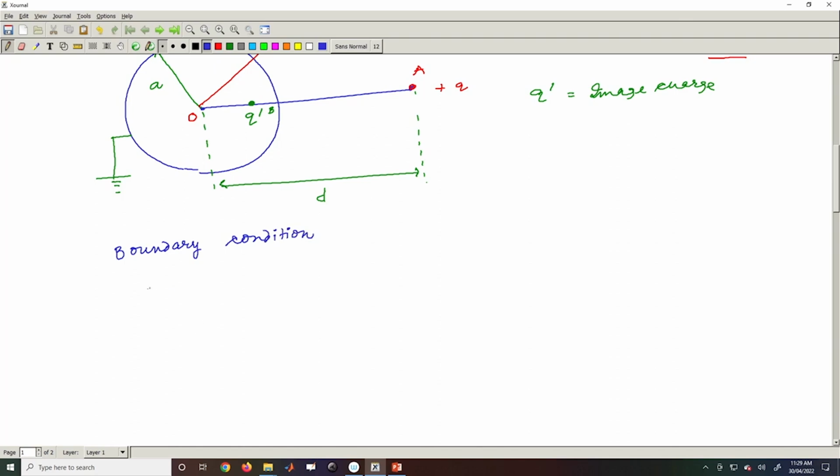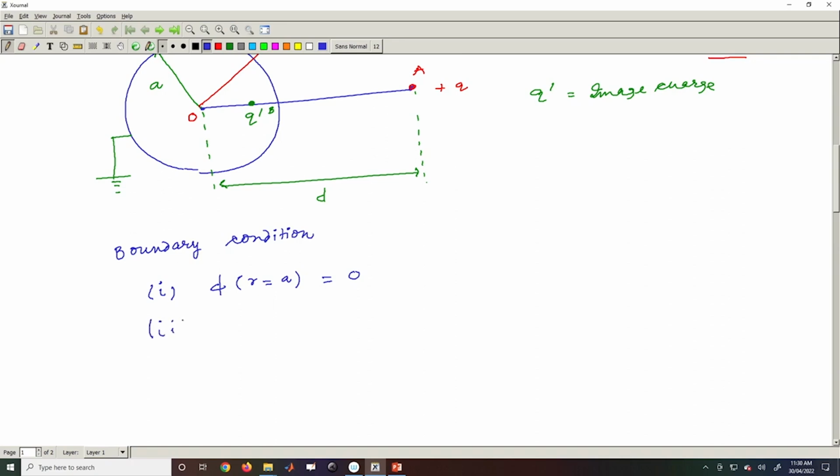The boundary condition is saying that phi at r equal to A, that is over the sphere, the potential is 0, because it is grounded. That is the first boundary condition. What is the second boundary condition?